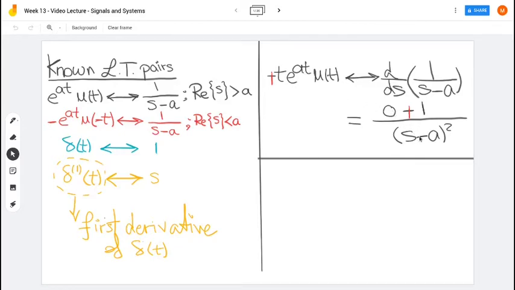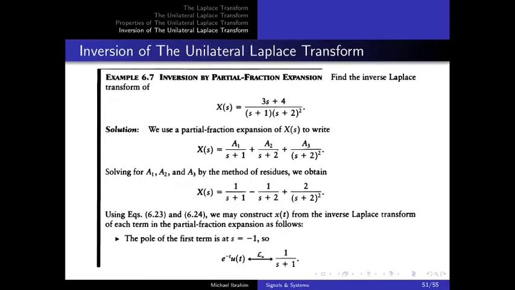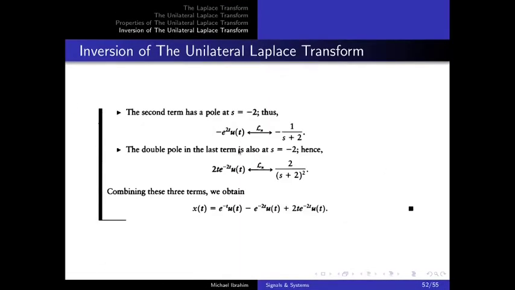And in this case, since it's s plus 2, a will be minus 2. And the inverse would be of this form, t e to the minus 2t u of t. And now using the linearity property, we can get the inverse Laplace transform x of t as a summation of the 3 terms we have computed so far.